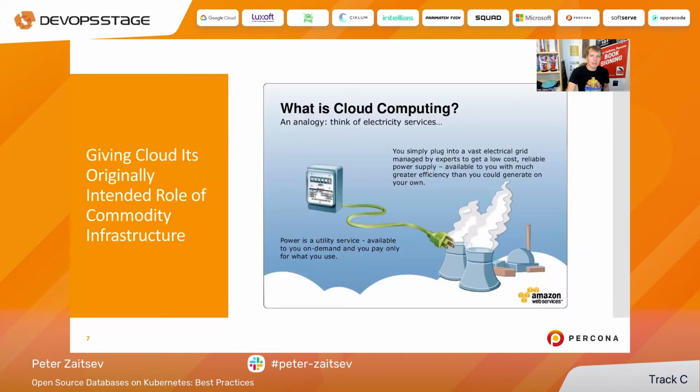And I think that is fantastic, because we are getting into a situation where we can give the cloud its originally intended role as a commodity infrastructure and really build all the value on Kubernetes and open source software.